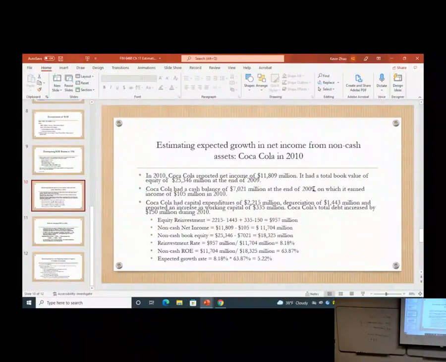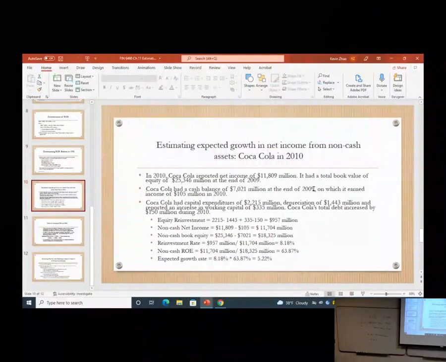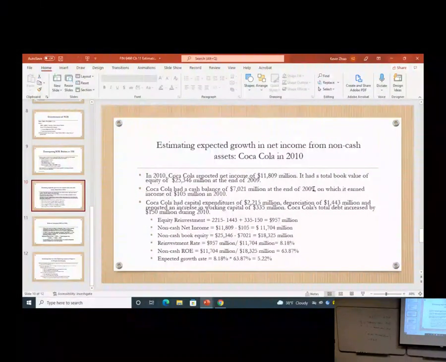First of all, let's take a look at IR. IR equals CapEx minus D&A plus change in working capital minus change in debt. That is equity reinvestment. And divide this big item by net income. Net income is there, 11.